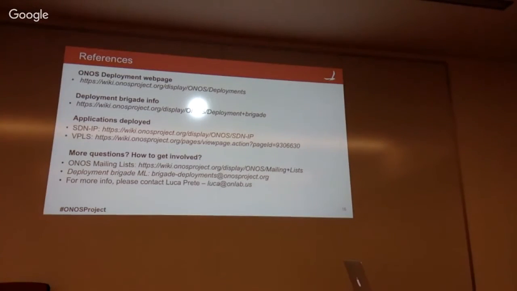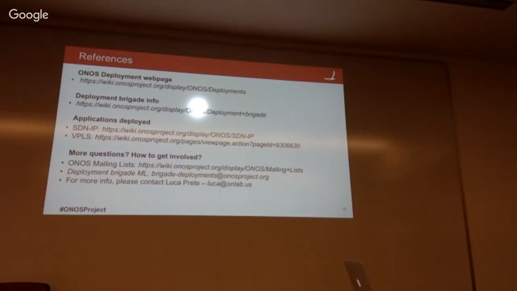And we have a way to distinguish interfaces that are owned by the SDN IP application and by the VPLS application. So we make sure when we read the configuration that both the applications don't interfere with each other. But that's something that was done by design. So I don't know. It depends how the other application works, what flows it uses, and so on.